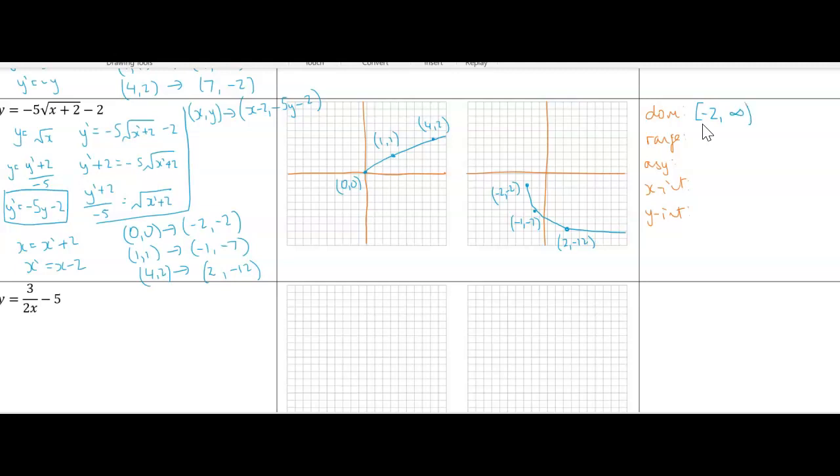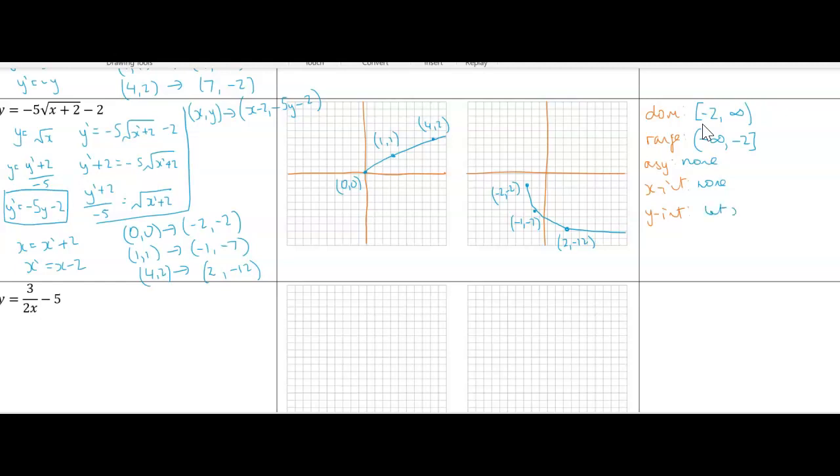Your range, now because we're going, all right, see how your graph is going down, but remember, you always write your lowest value first. So we're going from negative infinity to negative 2, square brackets. No asymptotes. X-intercept, there are none. And your y-intercept.